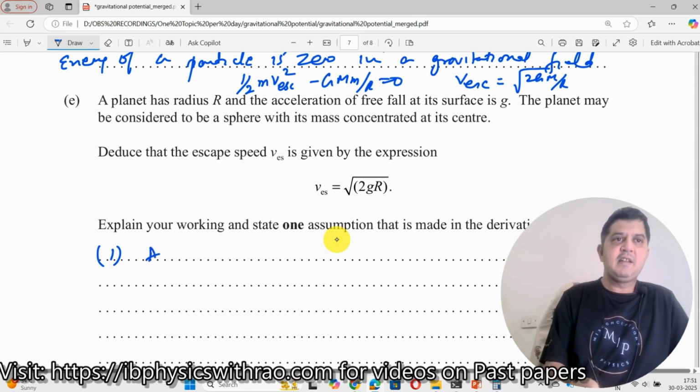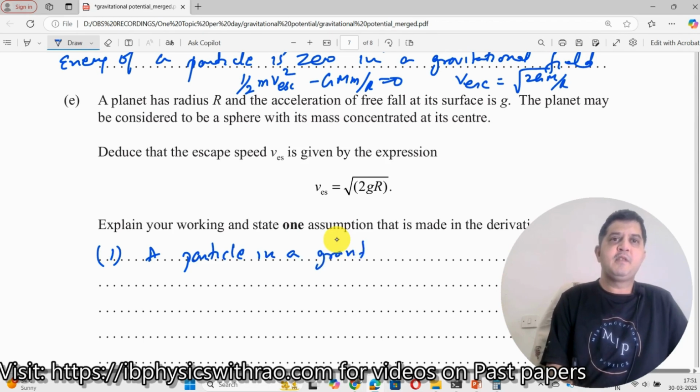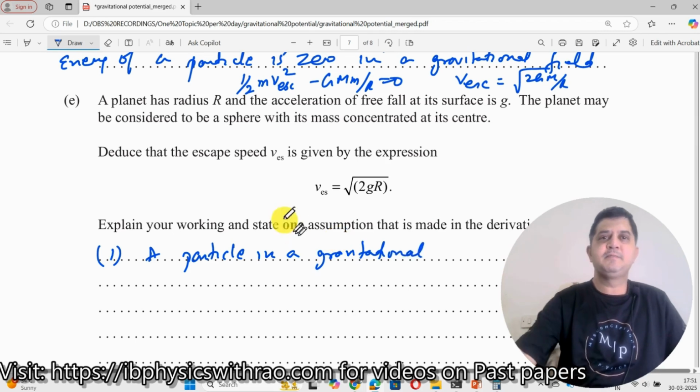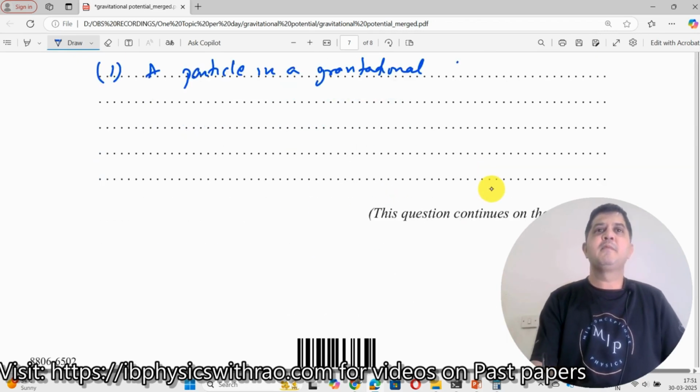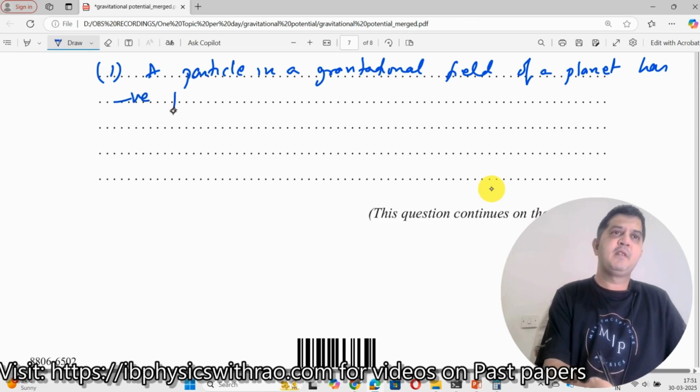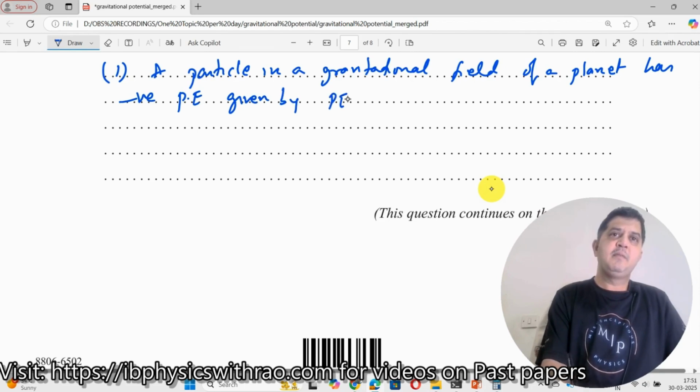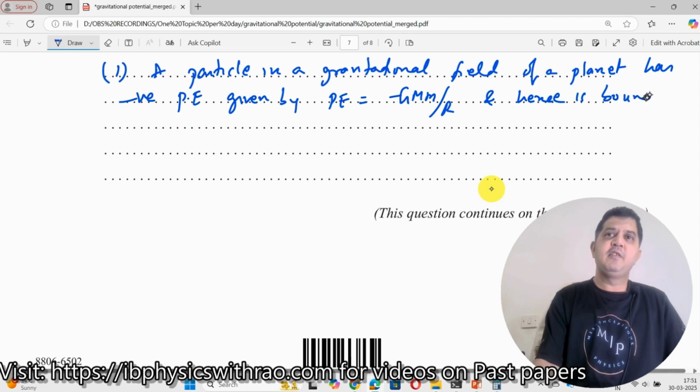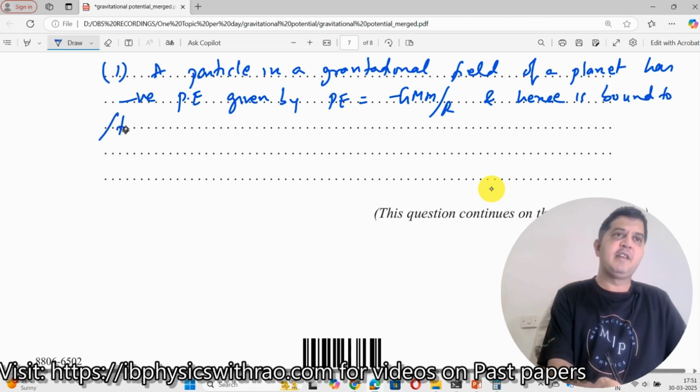The assumption is that a particle in the gravitational field of a planet has negative potential energy given by potential energy equal to minus GMm by r, and hence is bound, or you can say trapped, by the planet.